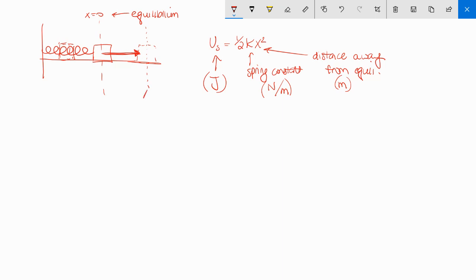Okay, so I'm going to call that my amplitude. Okay, and this right here is the max position that it's going to be compressed. So this is my negative amplitude.